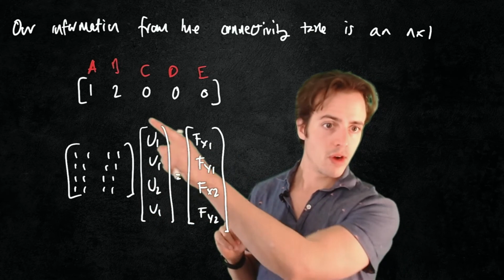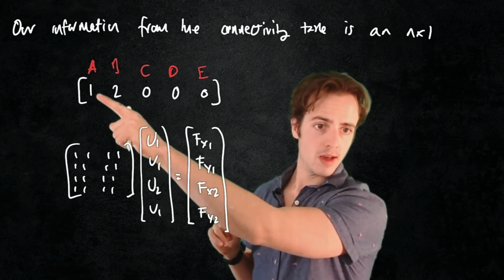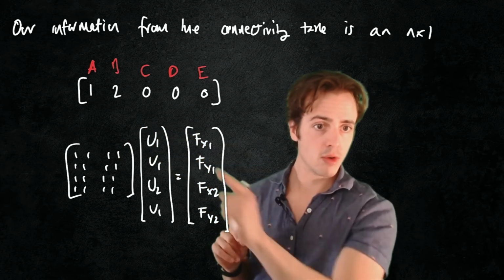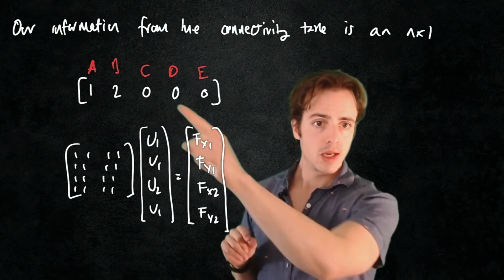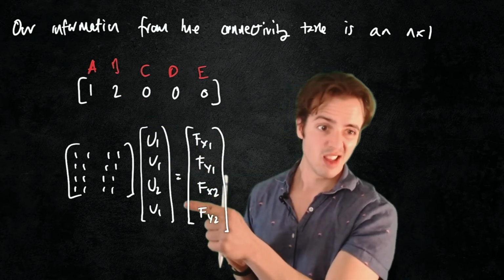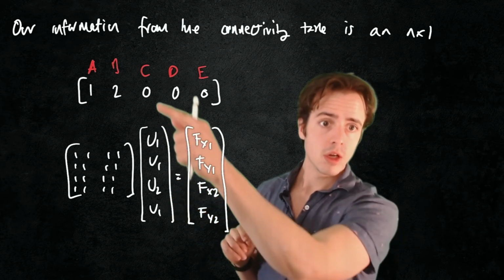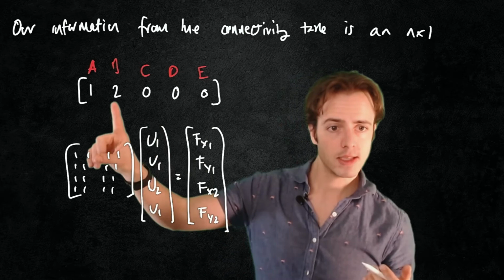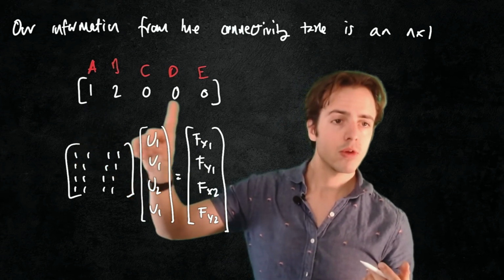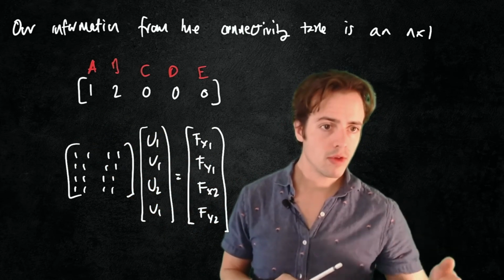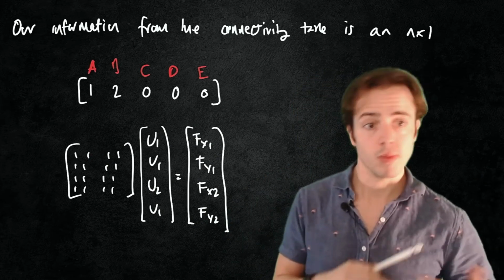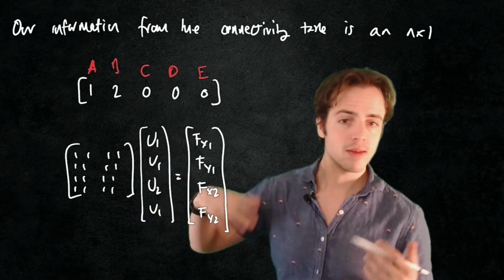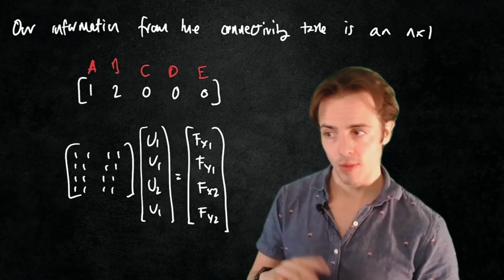Wherever I've got this 1 in here, both the first and the second row correspond to A. And this 2 is telling me the third and the fourth row correspond to B. So it would be better if I could replace this with 1, 2, 3, 4, 0, 0, 0, 0, 0, 0, because that would then tell me where these items go in the global stiffness matrix.